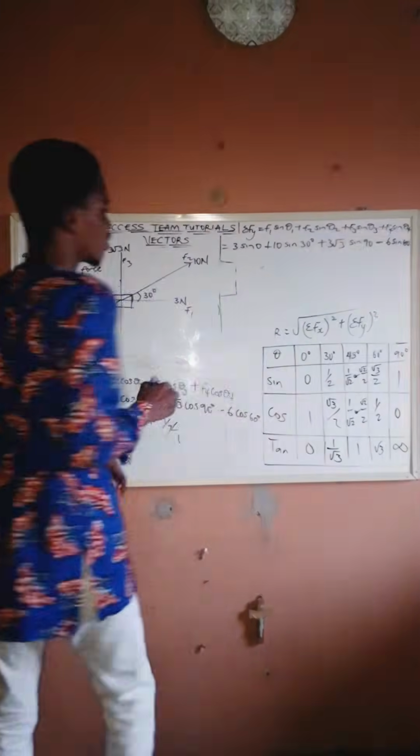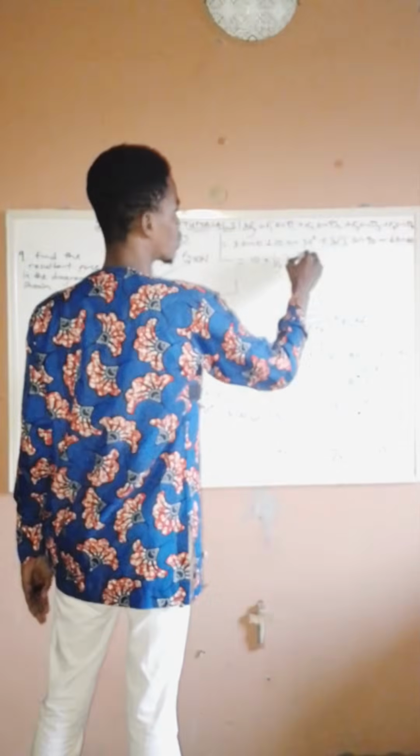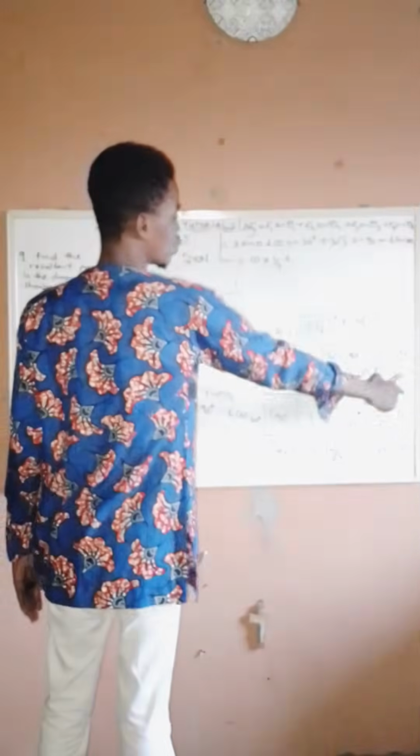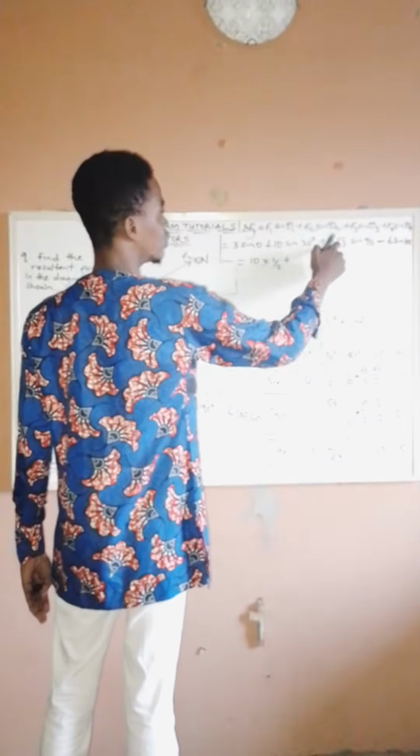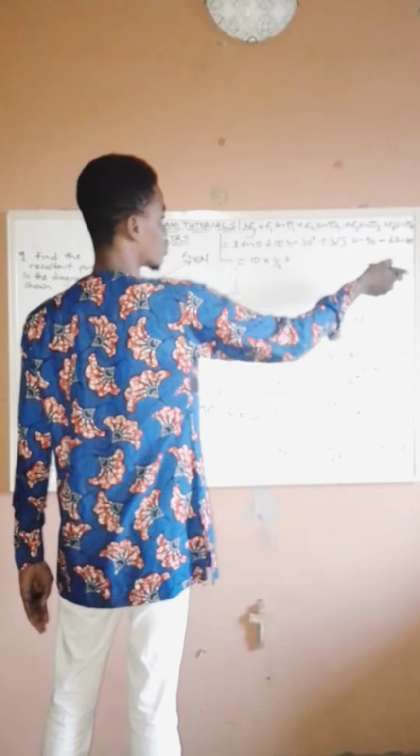So let's solve. Sine 0 is 0. So everything here is out because 3 times 0 is 0. So let's remove it. So I'm going to have 10 sine 30, that will be 10 times 1 over 2, right? Plus sine 90 is 1, so that will be 3 root 3 times 1.